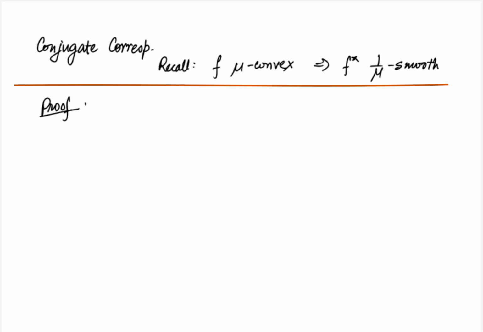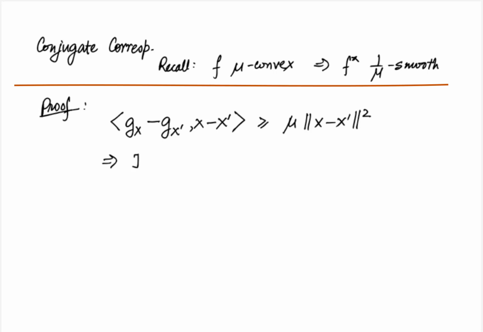First, let us write down the definition of smoothness, which is that the inner product of g(x) minus g(x prime), comma x minus x prime is greater than or equal to mu times the norm square of x minus x prime. From the definition of x, there must exist some y such that the inner product of x comma y is equal to f of x plus f star of y.